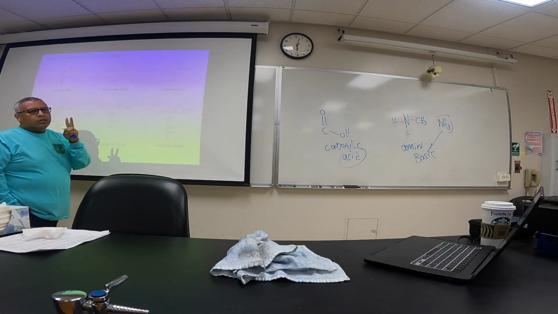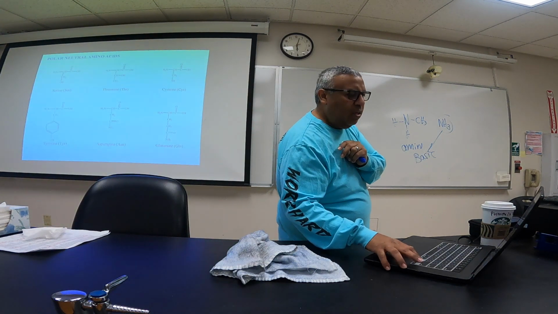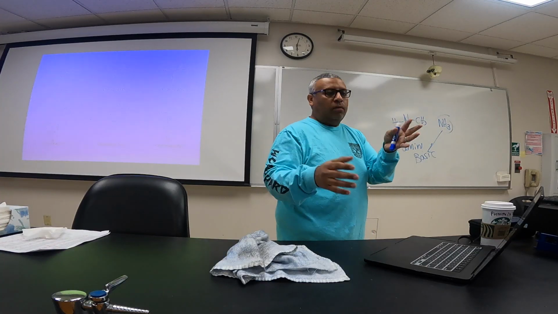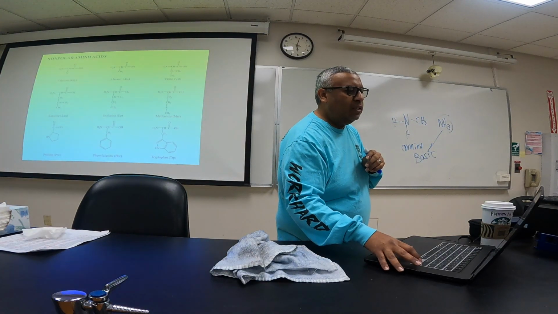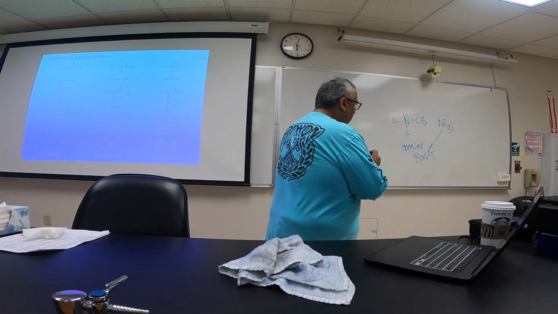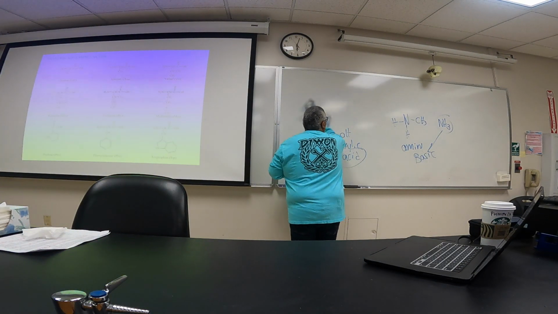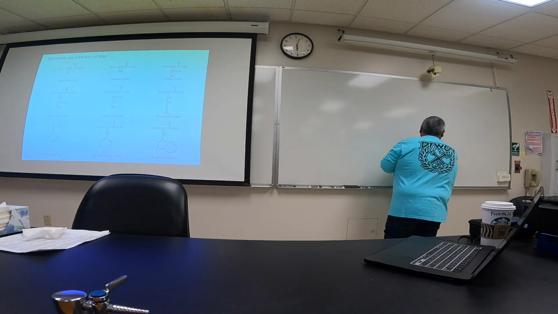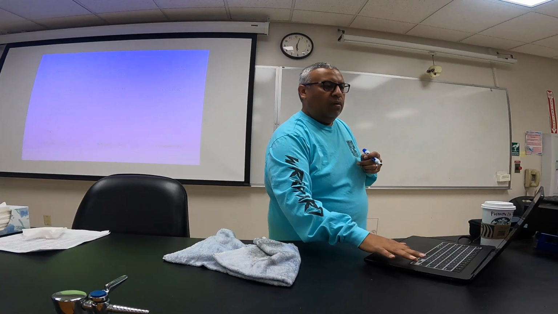Now, two of these are in fact even more unique. We already have the R groups that make them unique, but there's two other amino acids here that are very important. One is glycine. You know what, I might have a slide of it. Let me see if I have a slide of this one.